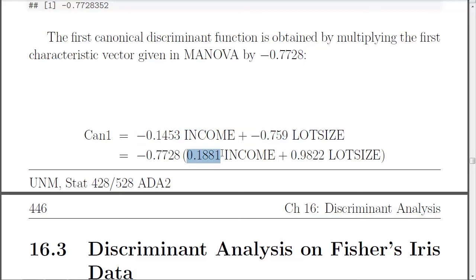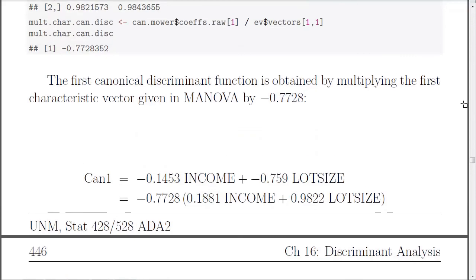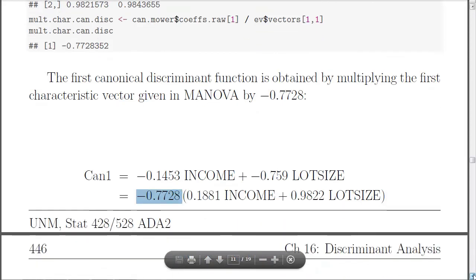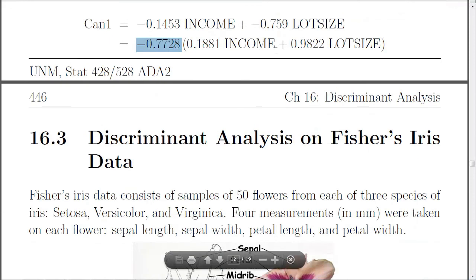These values, 0.18 and 0.98, if I scroll up just a little bit, are the values that come from Roy's characteristic root. And if you rescale these by -0.77, you get the same numbers. So both Roy's characteristic root and the canonical discriminant direction 1 are the same direction.